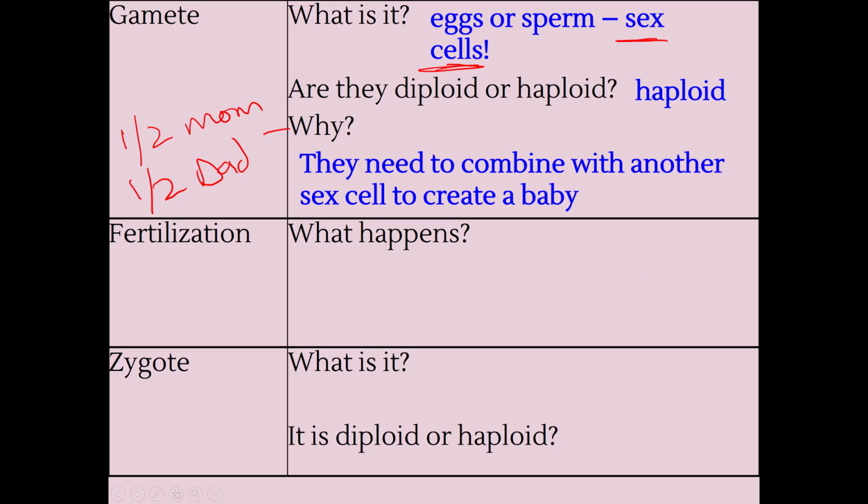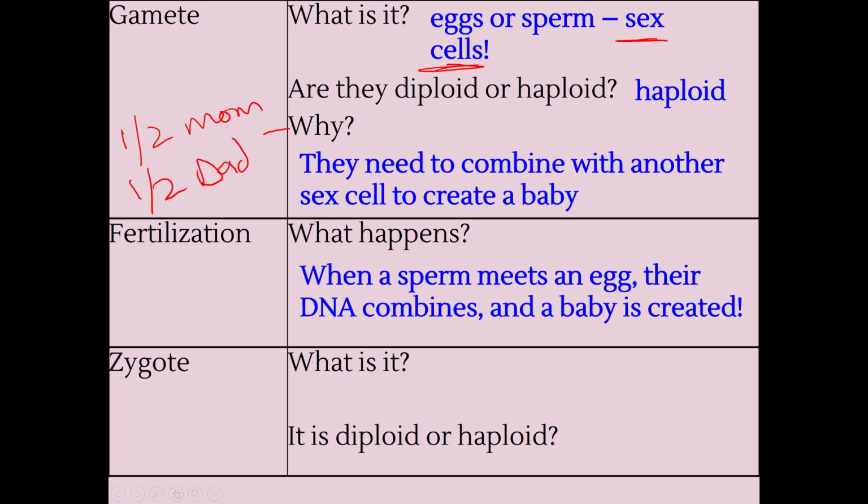Fertilization is when these two things combine, when a sperm cell meets an egg cell. You don't need to write this whole thing; you can just put sperm and egg combine. A zygote is what is created. So a zygote is a fertilized egg. Fertilization is a process.